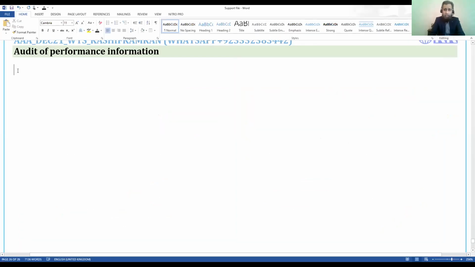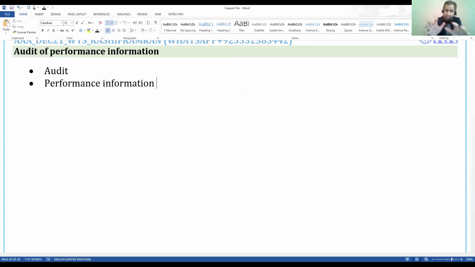First of all, you need to understand two things here. Number one is the terminology audit, and number two is the terminology performance information. If you understand this, you will understand what exactly you need to do in the exam paper. You all know what audit is, right? Audit is an examination.